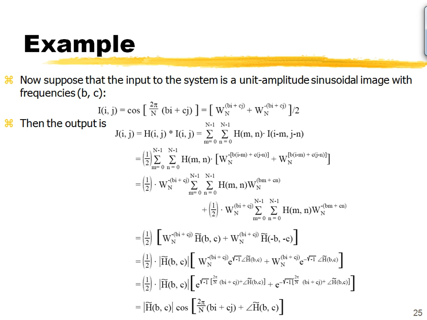We can solve for all of this, and all you would find, right, is that your cosine signal is now modulated by the magnitude given by your filter's magnitude, and the phase is shifted according to the phase of the filter. So you can work through this, you can see what it comes down to, and that's all it does, right? It basically modulates it by the magnitude and shifts it by the phase of the filter.